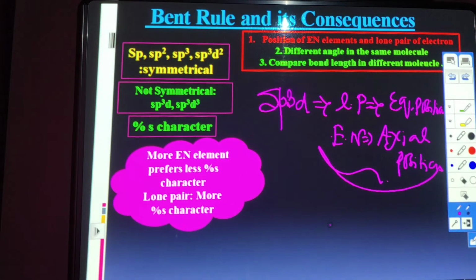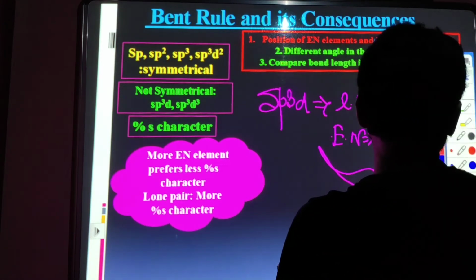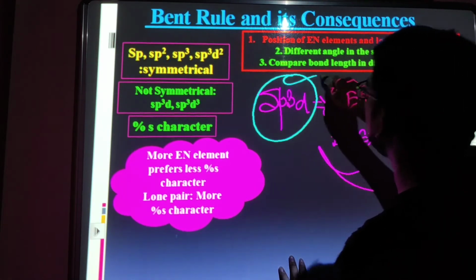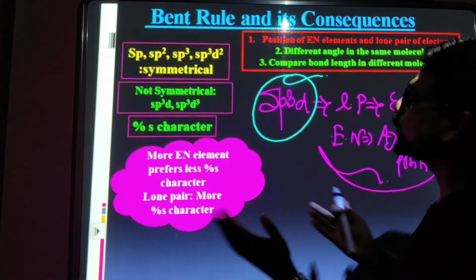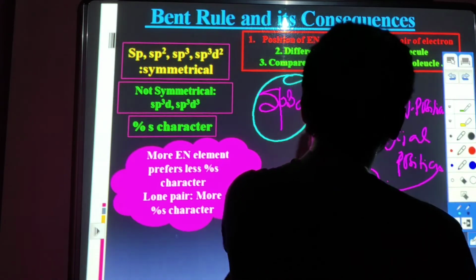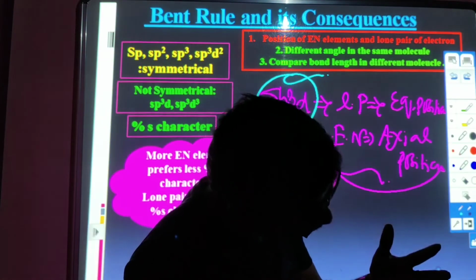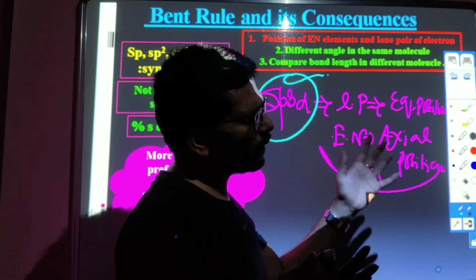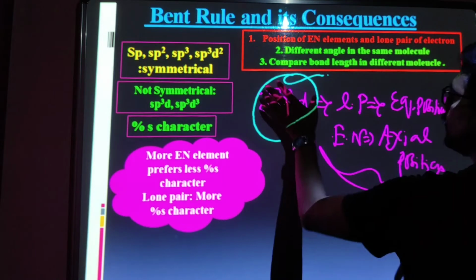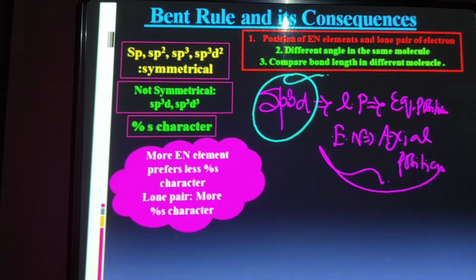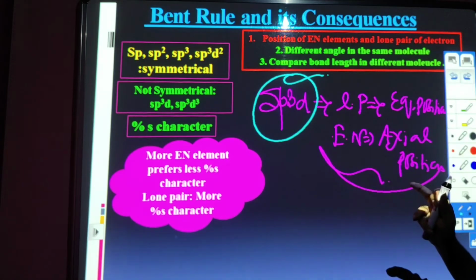Done. See, these equatorial positions and axial positions are for sp3d. Again I am telling that this is for sp3d. For sp3d3 it will be reverse. So better to write that lone pair preferably occupies positions where percentage of S character is more and electronegative element where percentage of S character is less. Okay, this is now final. Done. So we have got this information.